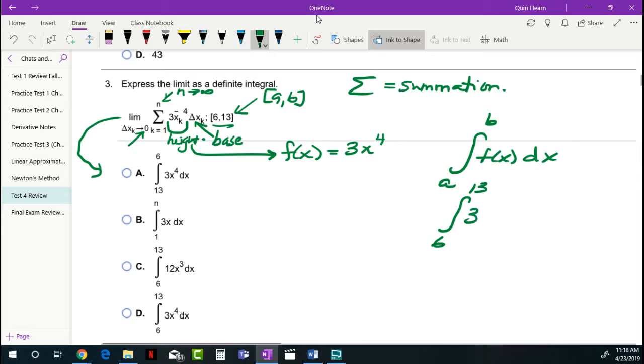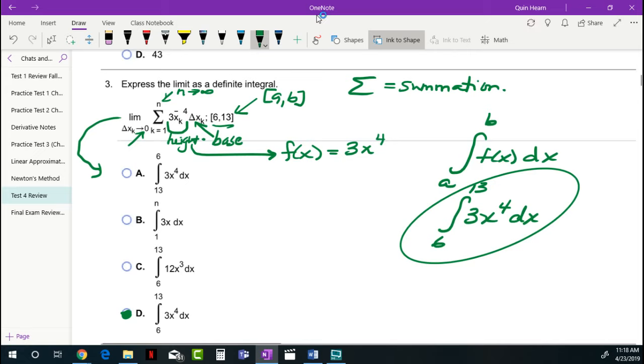Remember, we get the height by plugging into the function, and what they've done is plug x bar sub k into the function. So the function they're talking about, just replace that with an x, is the function 3x to the 4th.